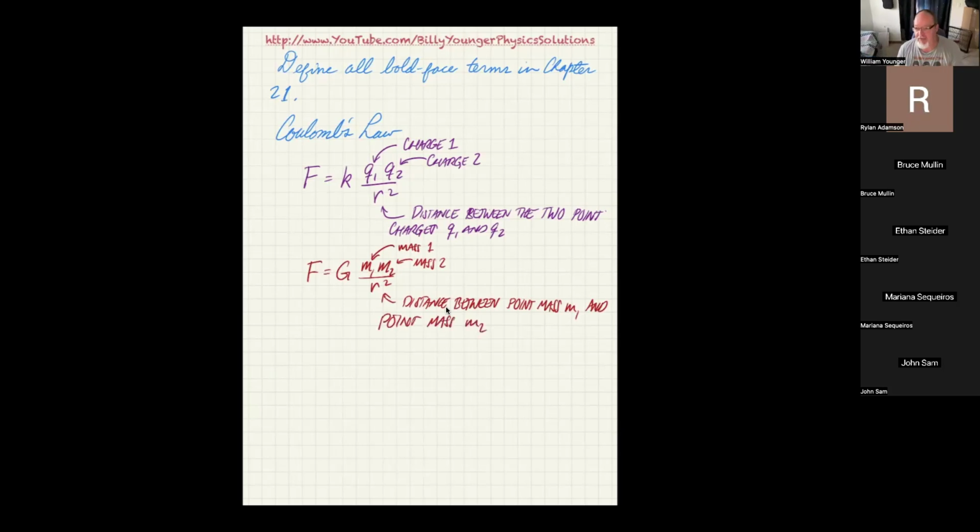Again, point masses are the thing to use. We don't necessarily have point masses, but we then have to find the center of mass of those.